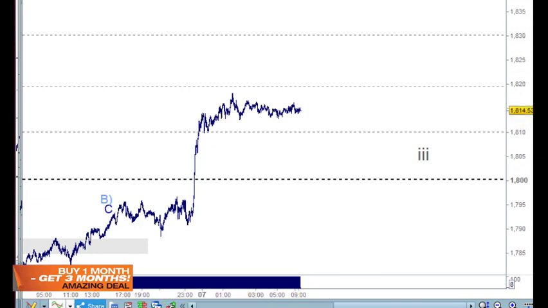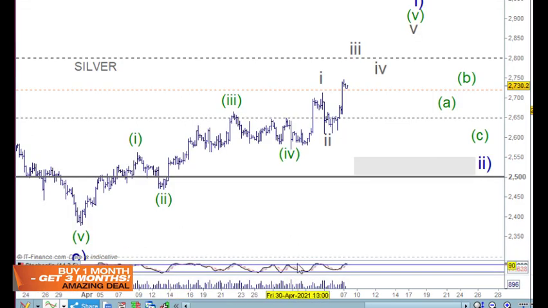Let's have a look at silver. That's the next thing that we need to check on. So with silver here, I've been looking at it in 2 ways. One is 1, 2, 3, 4 here, and then going up, I had green wave 5 here for that. But I can also add 1 and 2 and 3 and 4 and 5 up to here.